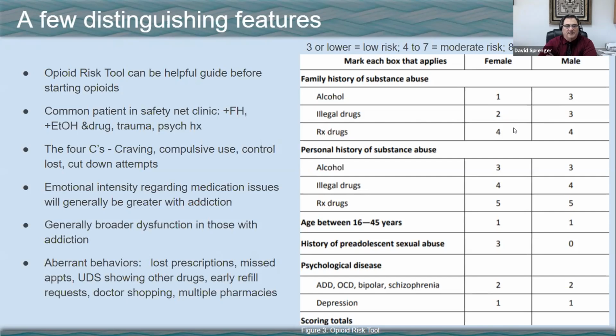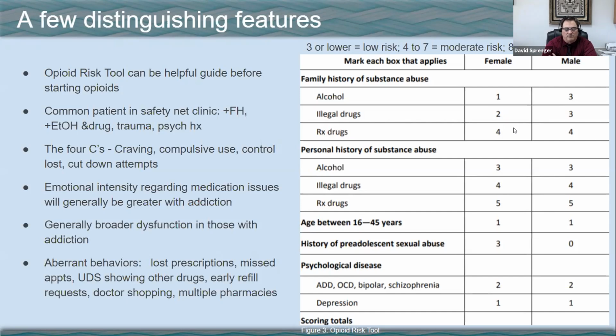But as you can see, we commonly have patients in our clinic that are well into the high risk. How many times do we have someone with a family history of substance use disorder, their own personal history of alcohol or drug use disorders, a history of trauma?